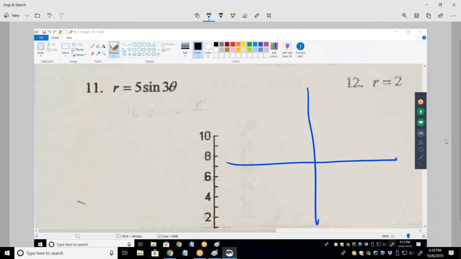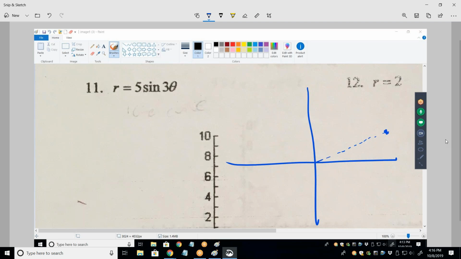let's see, when theta is pi over 6, R is 5. Correct? Yes, sir. So when theta is pi over 6, R is 5.